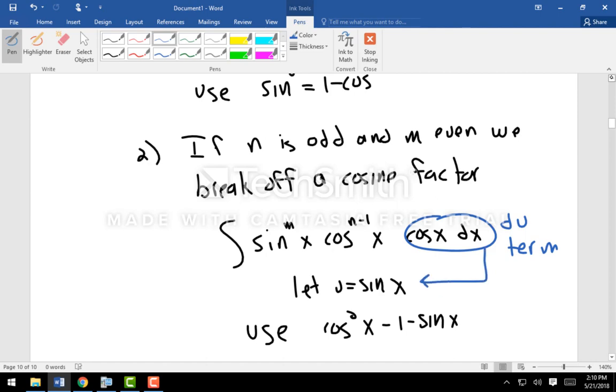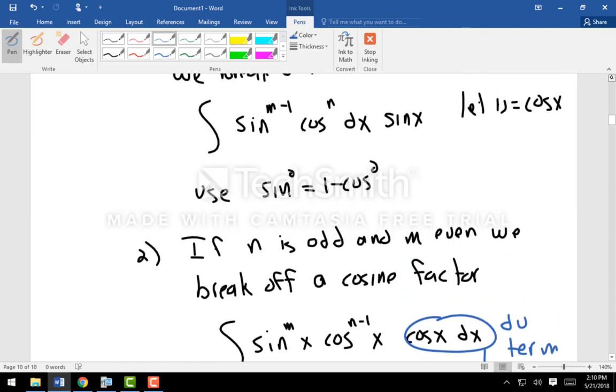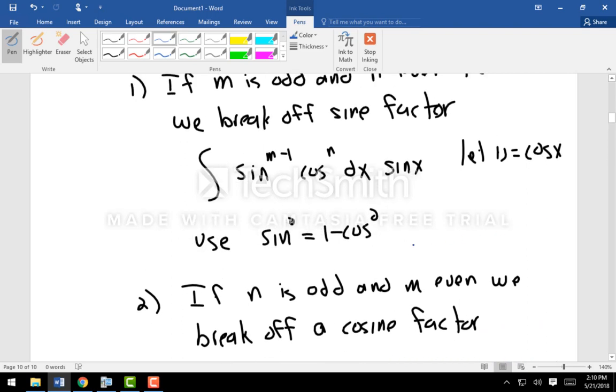And then in our first strategy, I wrote that all weird here. Let me fix that for a second. Normally we write the dx last. So I had sine of x that I broke off, and I'm going to let this be the du term, because we have let u equal cosine.